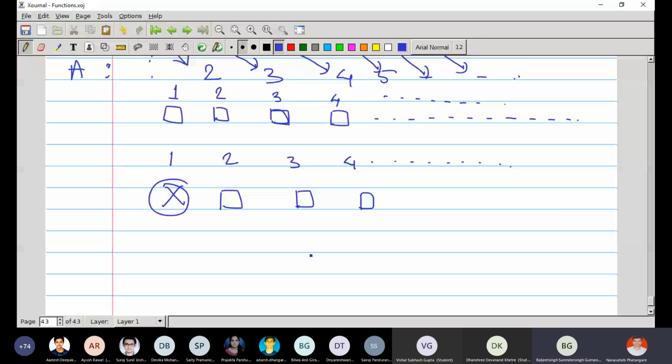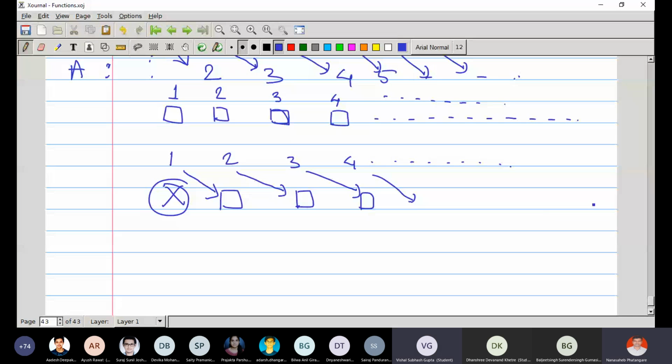Yes, exactly, everyone gets shifted. The first person will occupy the second chair, the second person the third chair, the third person the fourth chair. Keep on doing this. Will the situation arise that all chairs are finished? No.